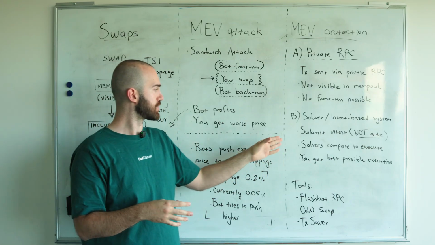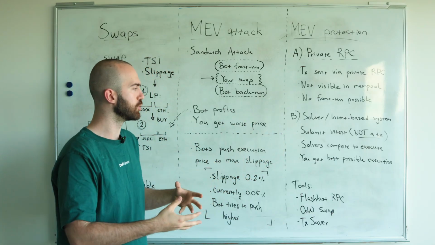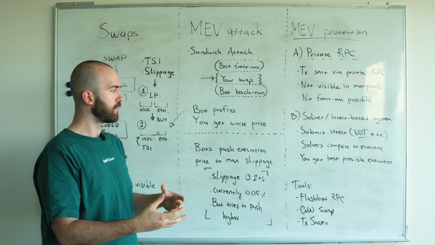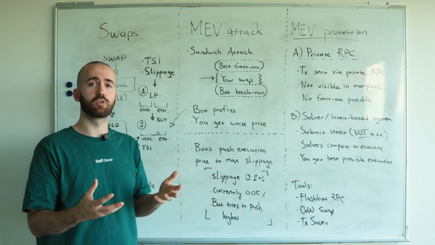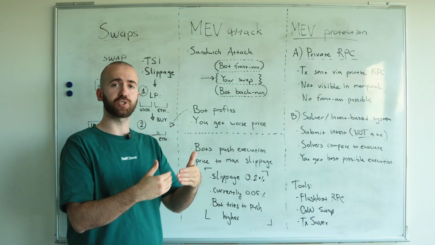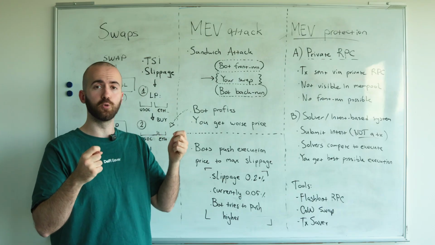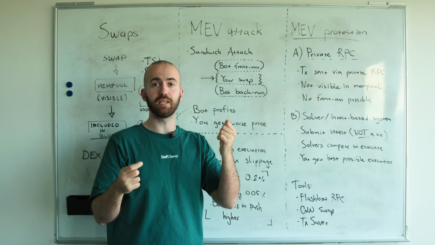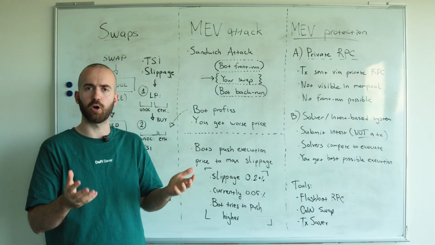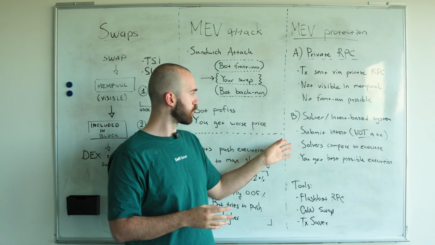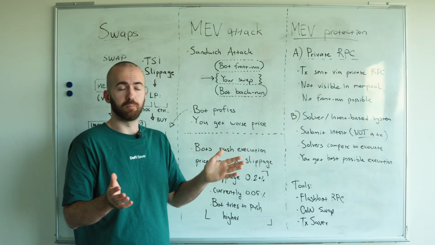And so the solvers then see your intent and they compete to actually execute this swap, and you end up getting the best possible execution, because sometimes these solvers might even do peer-to-peer matching where they find somebody who wants to sell their ETH and they find you who wants to buy ETH, and so they match you where you might not even have to interact with a liquidity pool at all. So this is another way where you're not even submitting it to a mempool ultimately.